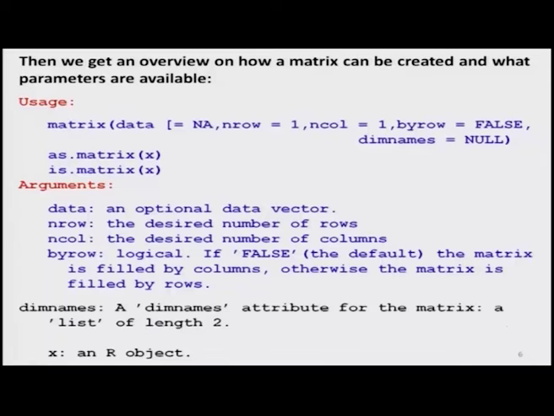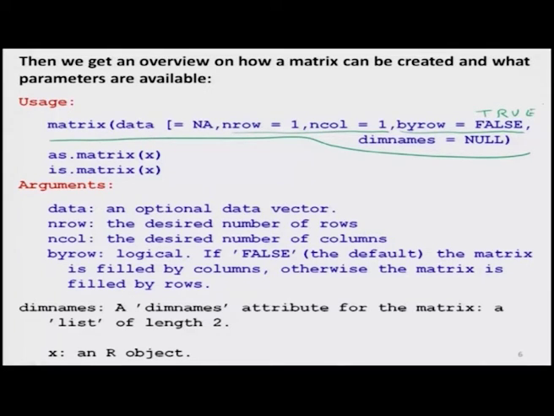For example, here you can see the continuation, this is the usage command. It gives you the data, number of rows, number of columns, and then you have to write whether the values are arranged by row, whether this is true or false. If you want to arrange the data by rows, then you simply have to use true.